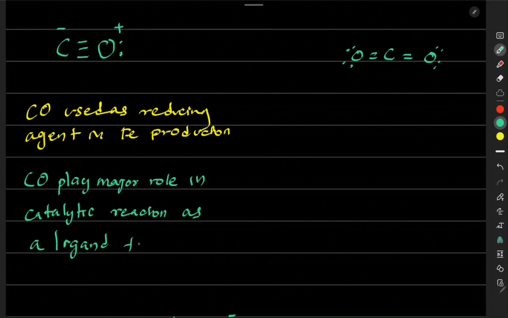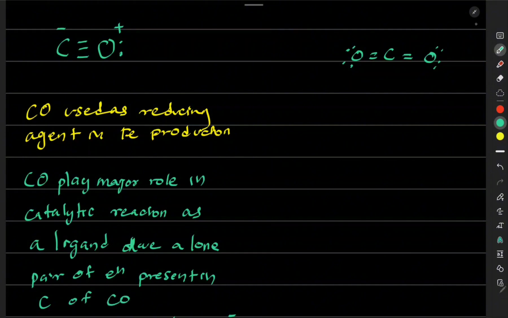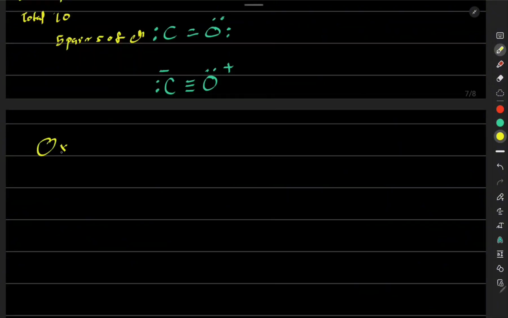This is due to the lone pair of electrons present on the carbon of carbon monoxide.